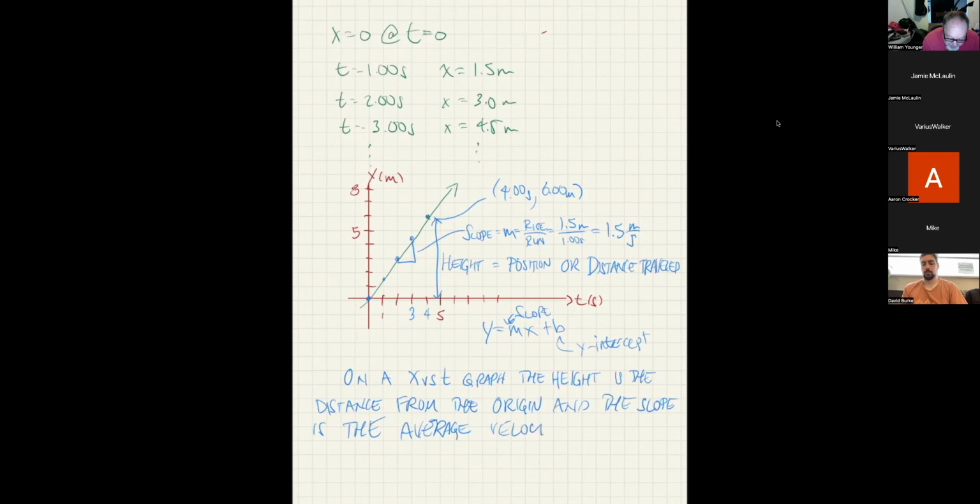And I say velocity here, not speed, for a good reason, because sometimes your graph can look something like this.